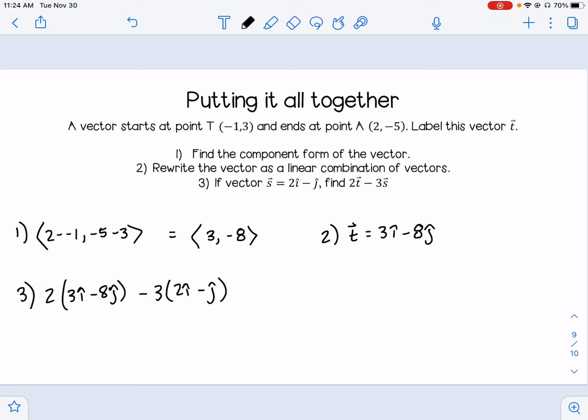So the first thing we're going to do is follow our order of operations. We're going to go ahead and multiply this in. We're going to multiply this in. And then just like we did with our normal math, we're going to keep our components together.